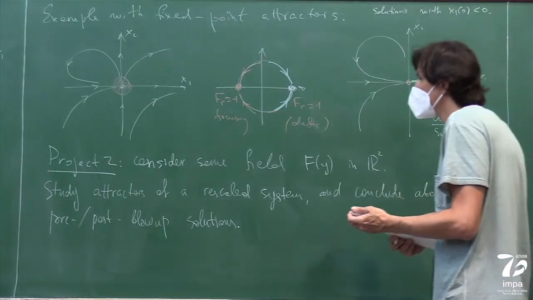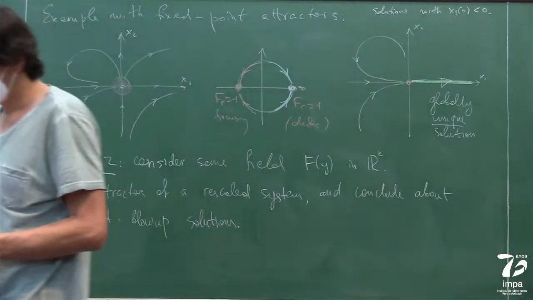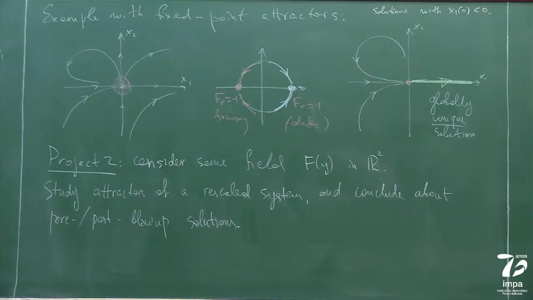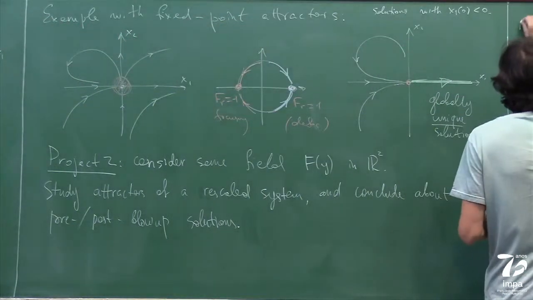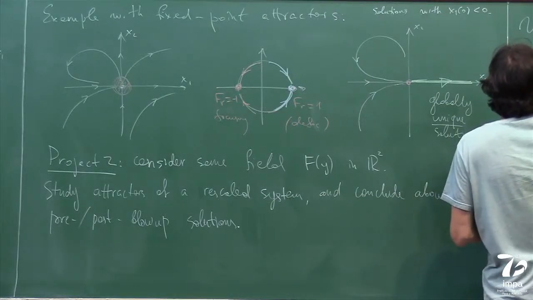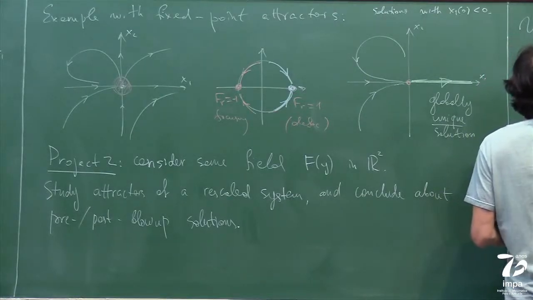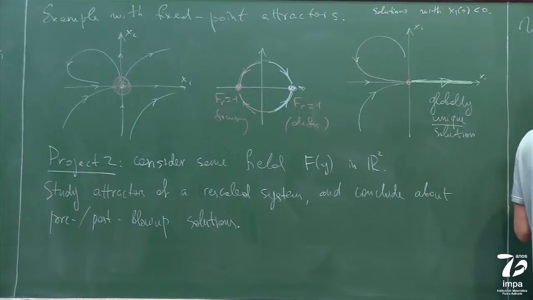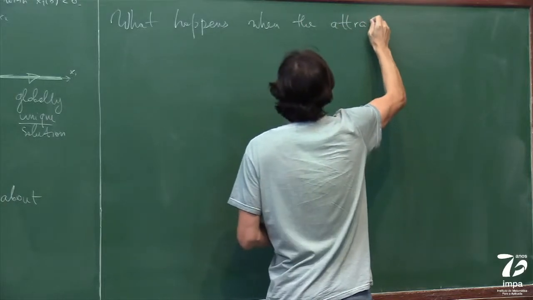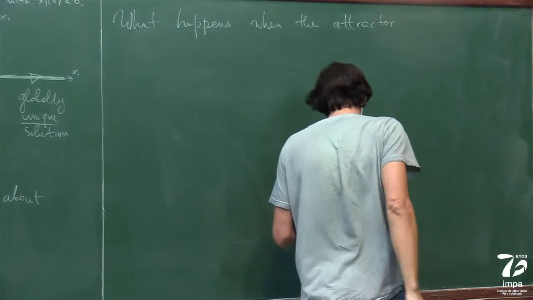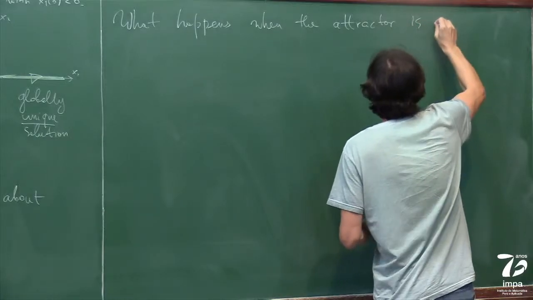Good. So this is what we had before. Now we move to the next question: what happens when the attractor is not a fixed point?